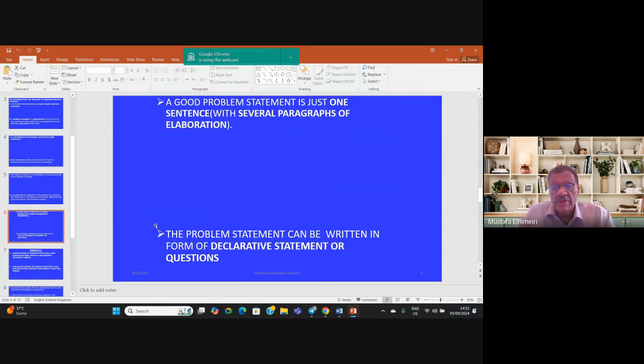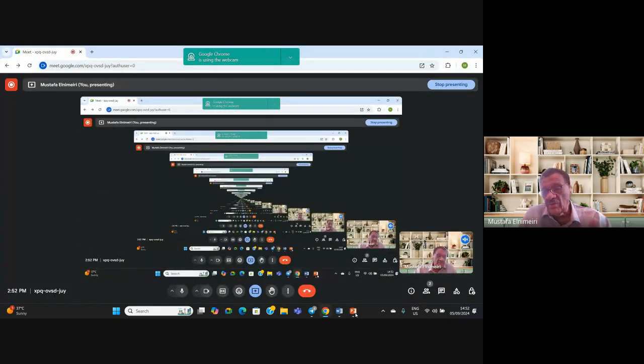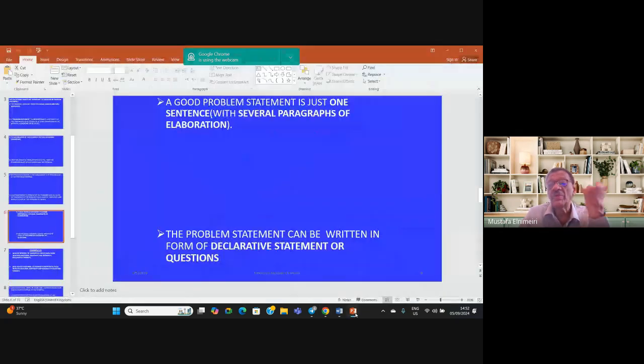A good problem statement is usually written as one sentence or more, and then you make some sort of elaboration for it. In the sense that from the first 2 or 3 lines, I have to understand exactly what the problem is, and then further, you can make some elaboration, more clarification for the reader to understand the problem exactly.